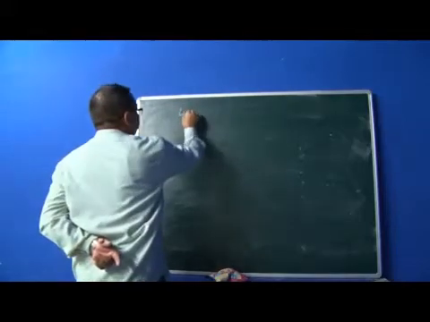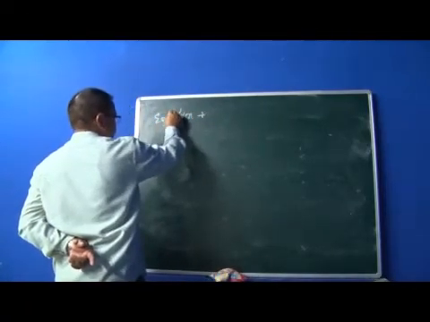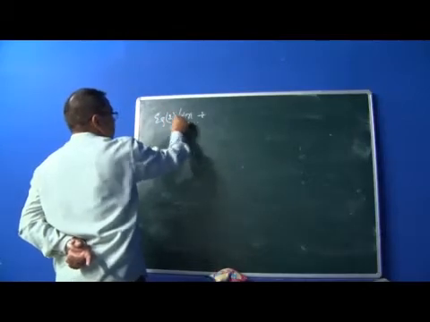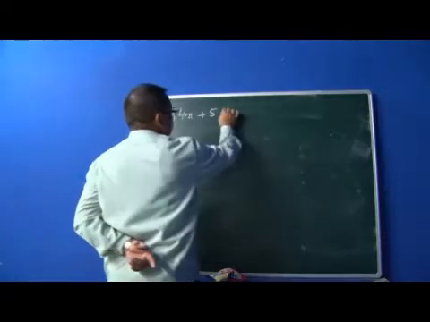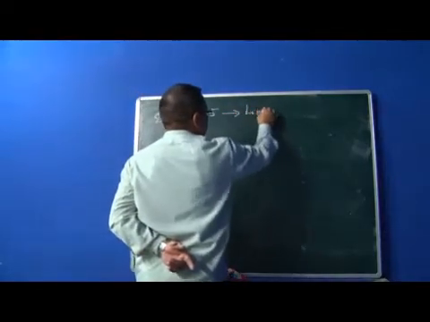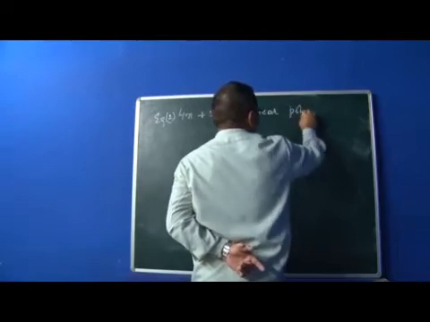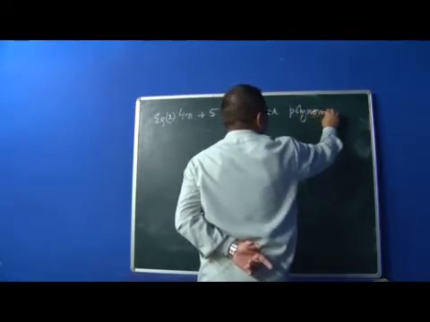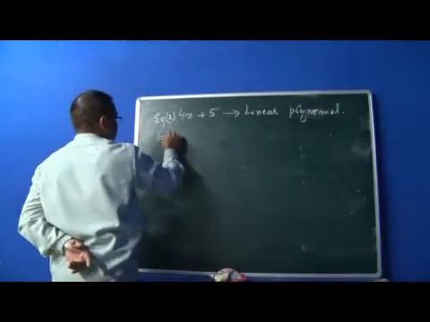Example 1, 4x plus 5. Power 1, here we can say as linear. Okay? Linear polynomial in short form.